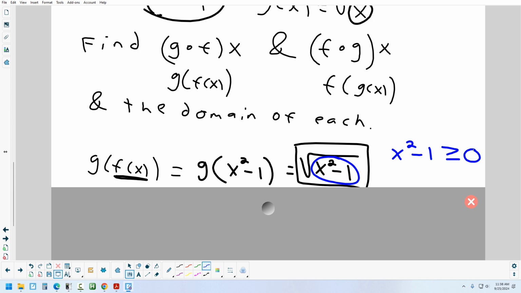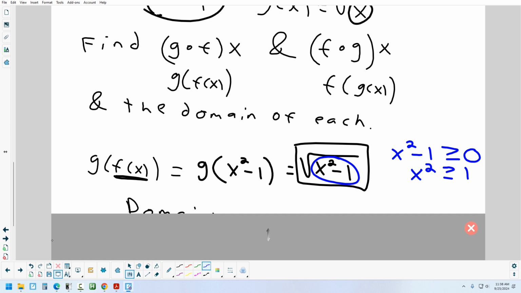Another way to think about that is you need to think of what numbers can you square and then add 1 to each side. What kind of numbers can you square and they will come out 1 or higher? Anything -1 or below and anything 1 or higher.